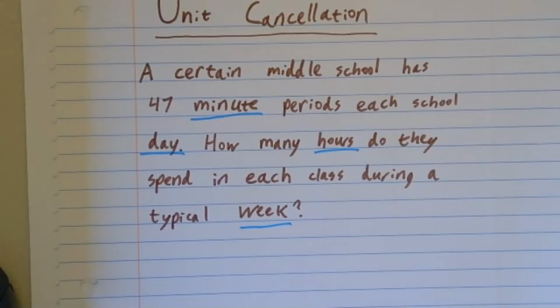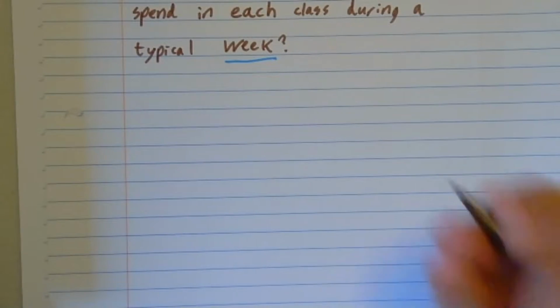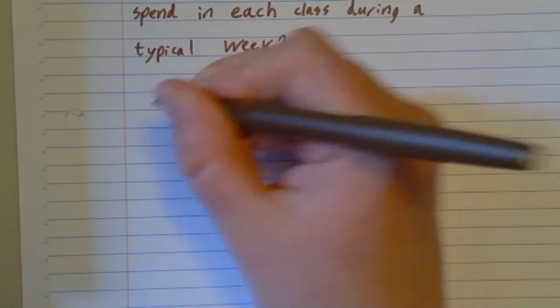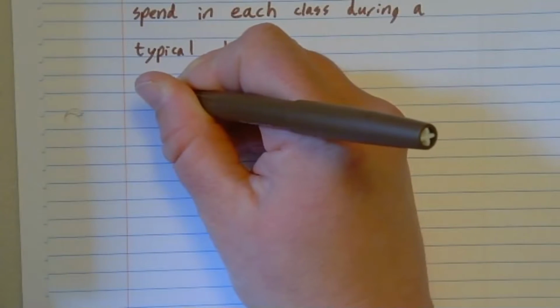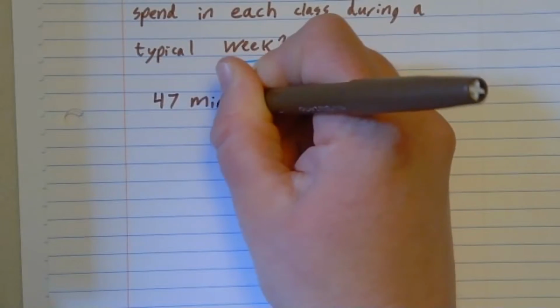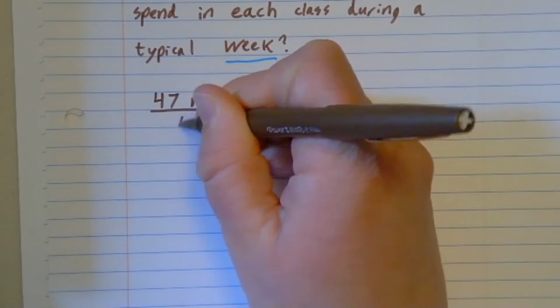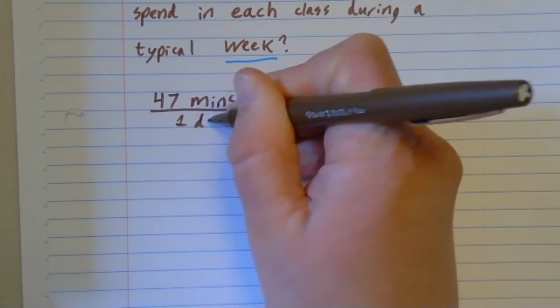It's kind of like how miles per hour is miles divided per hour. So I start out with the information that there are 47 minutes, which I will abbreviate as mins, over one day.